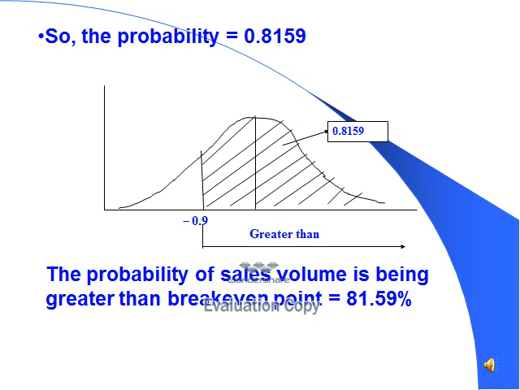The question is about the probability of sales volume being greater than the break-even point. Greater than means the area on the right side. So the probability will be the same area, 0.8159, equal to 81.59%.